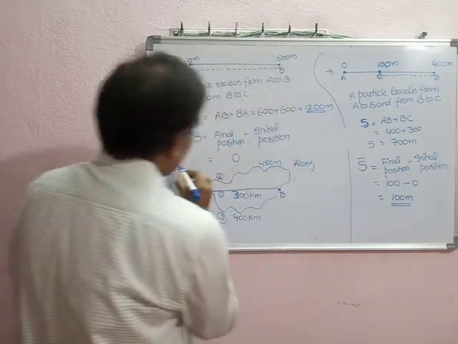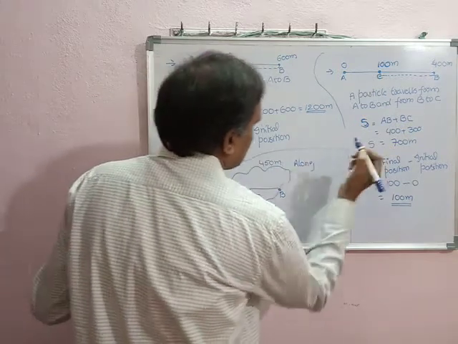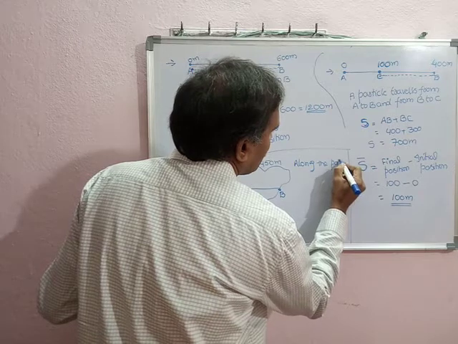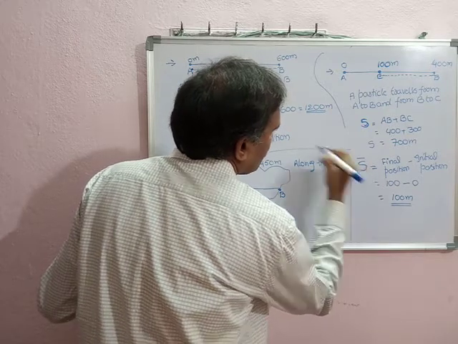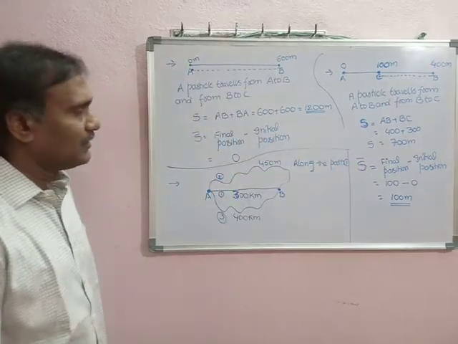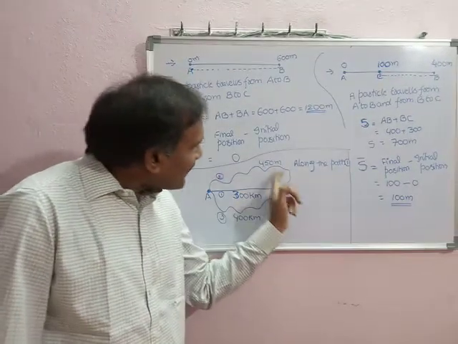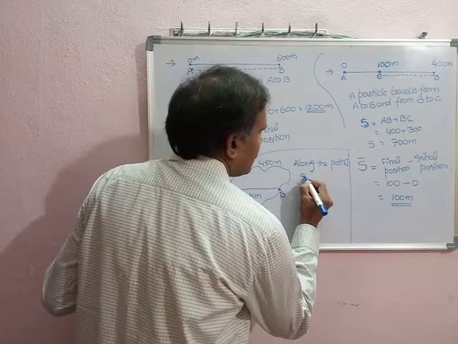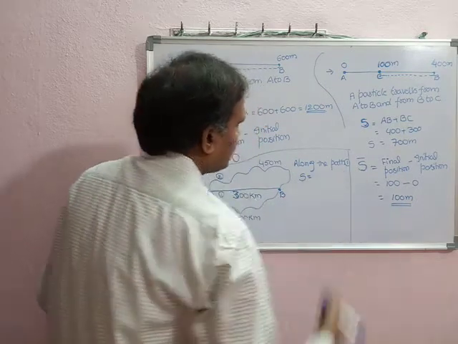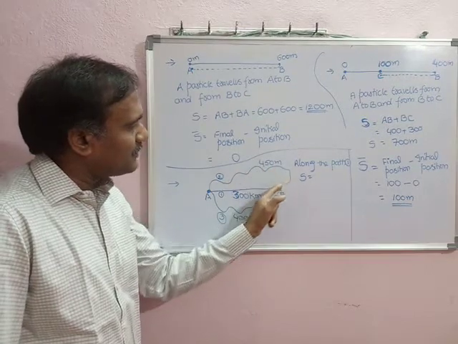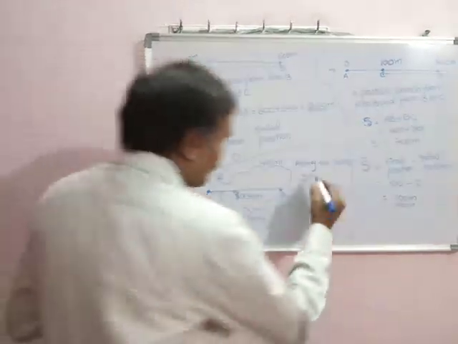Along the path 1, what is the path length traveled by the particle? S is equal to how much? The actual length of the path traveled by the particle.